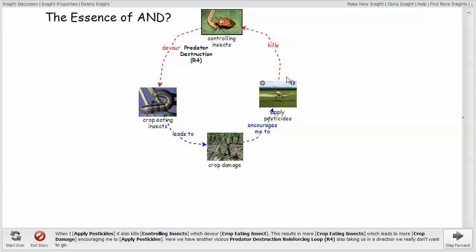So I apply pesticides, which kills controlling insects, which reduces the number of crop-eating insects, which leads to crop damage, which encourages me to spray more. I have two balancing influences in this loop, which means it's also a reinforcing loop, which is a predator destruction loop, and it's taking me also in the absolute opposite direction that I want to go.